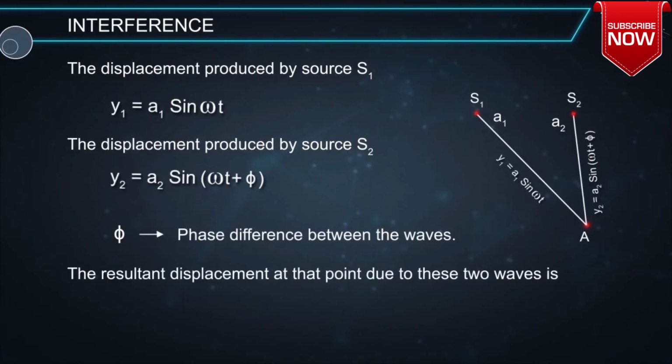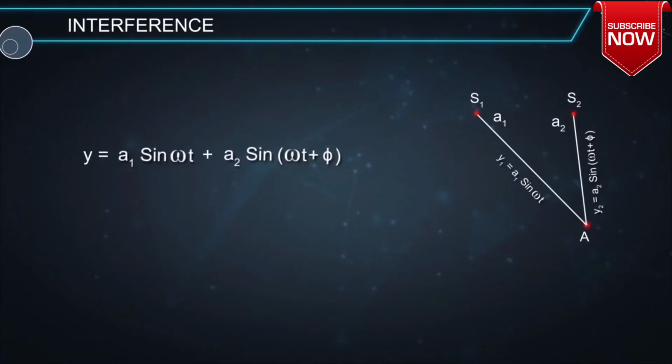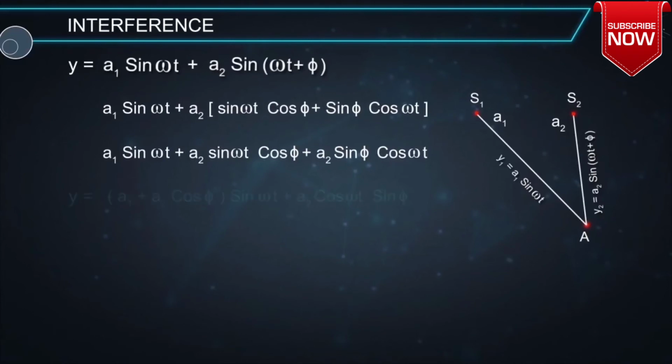The resultant displacement at that point due to these two waves is y equals y1 plus y2. This is equal to a1 sin omega t plus a2 sin (omega t plus phi). After simplification, we get y equals (a1 plus a2 cos phi) into sin omega t plus a2 cos omega t into sin phi.